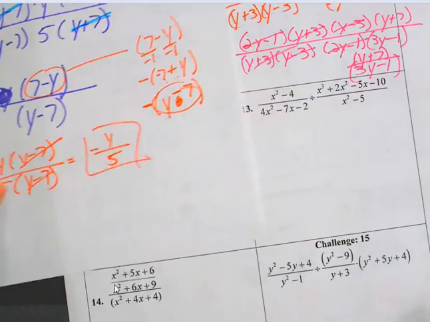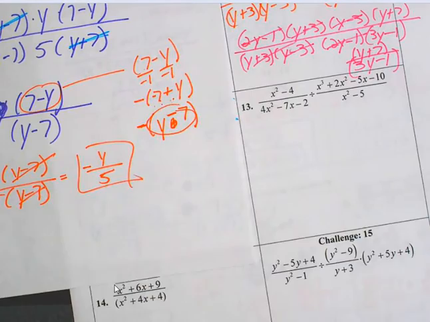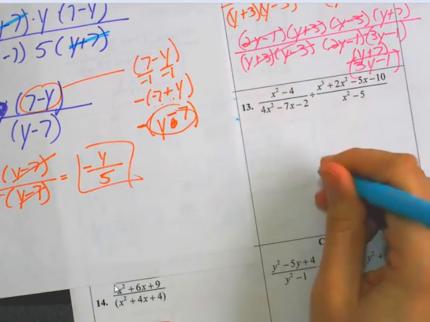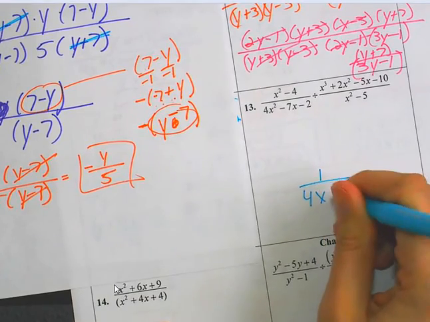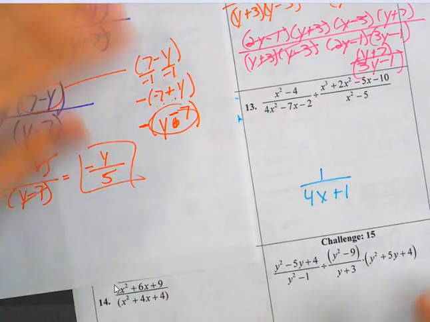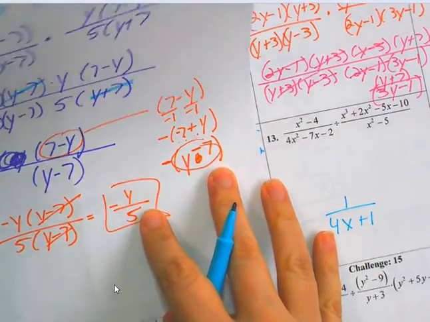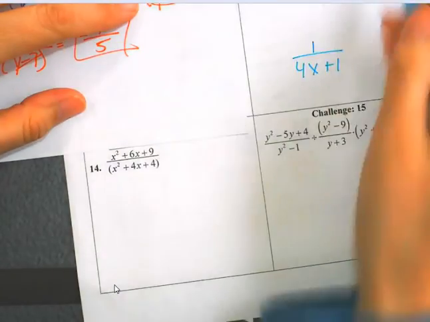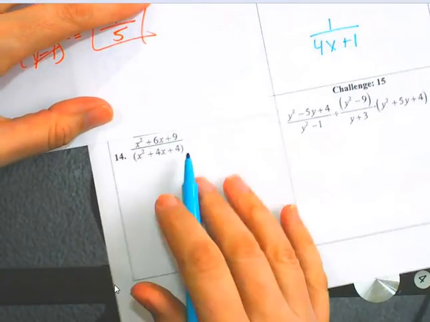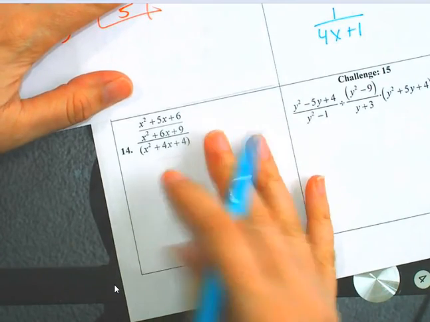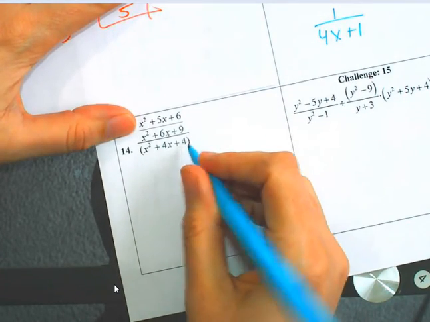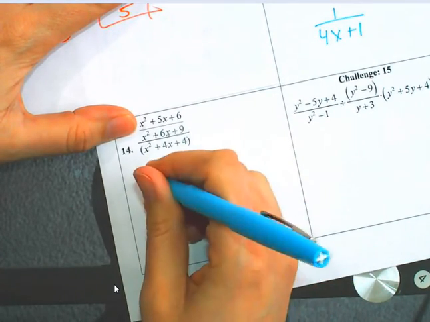All right, so for number 13, your final answer is going to be 1 over 4x plus 1. That's divided by, so we multiply times the reciprocal, make sure everything's factored. Okay, number 14 is just a little tricky. I'll at least get you started with this one.